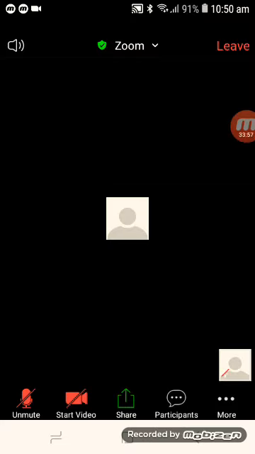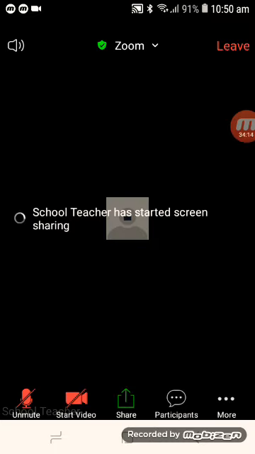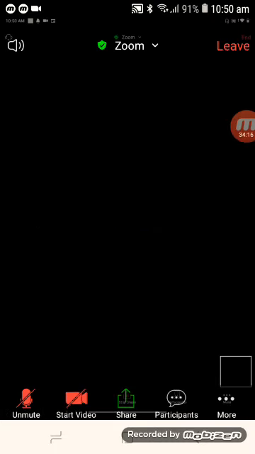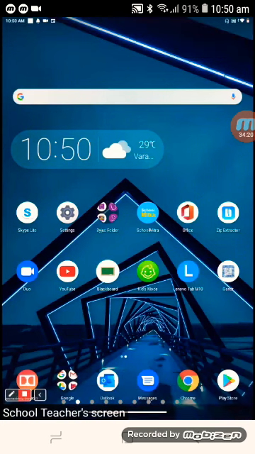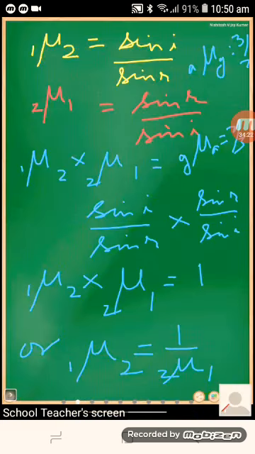Okay, yes, Parth, Ayush, Sakshi, Kritin. According to the principle of reversibility, the path is going to be reversed.